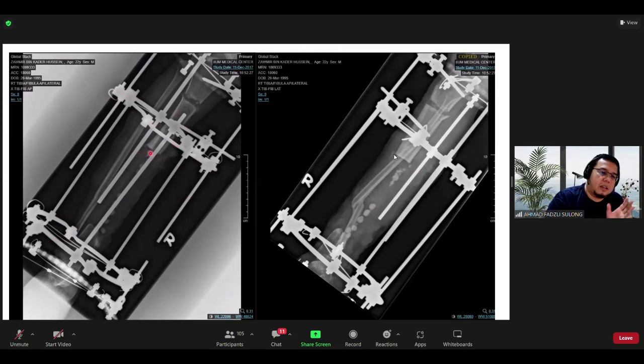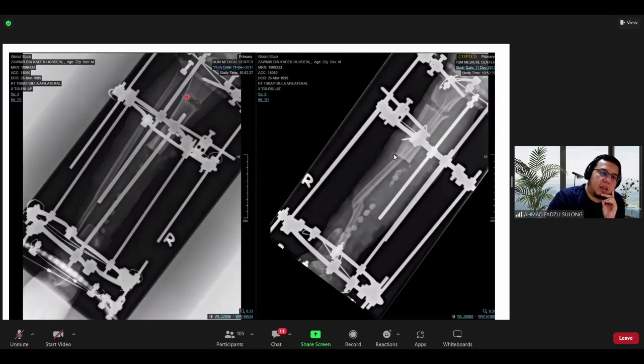This X-ray was taken after 6 weeks of that management. After those 6 weeks, we determined that the condition is already fine. There are no more signs and symptoms of infection, and the blood investigations seem to be well. Then we went in and proceeded with the bone transport.